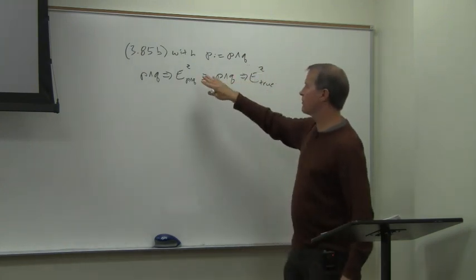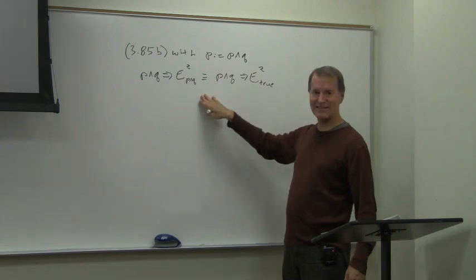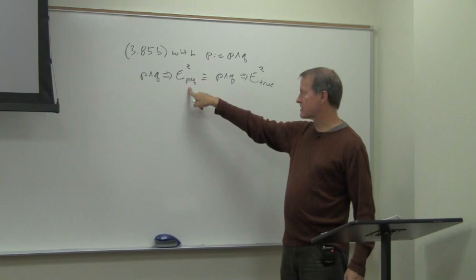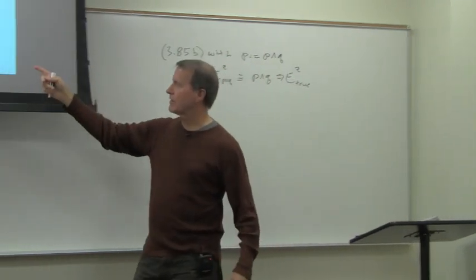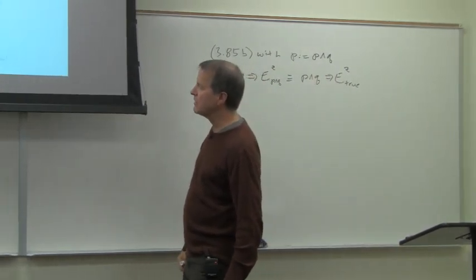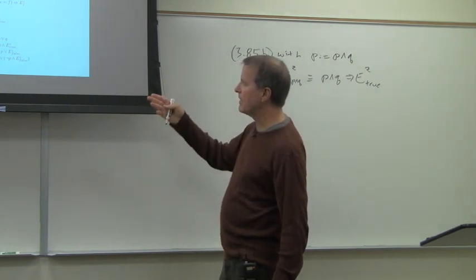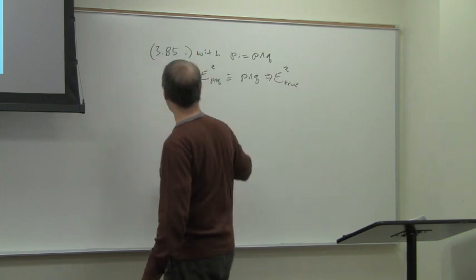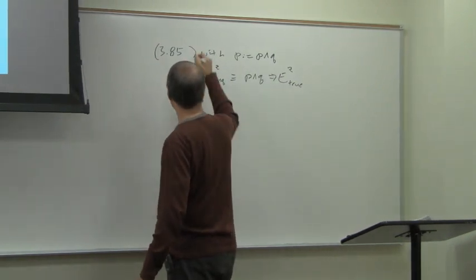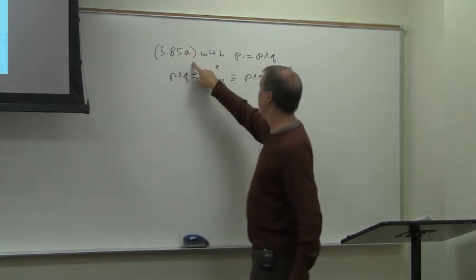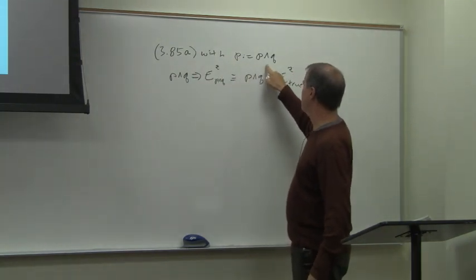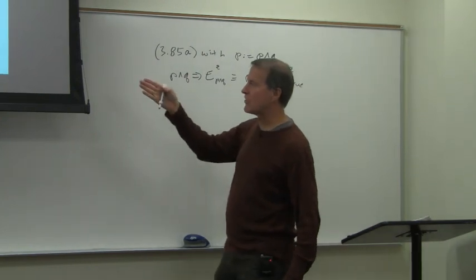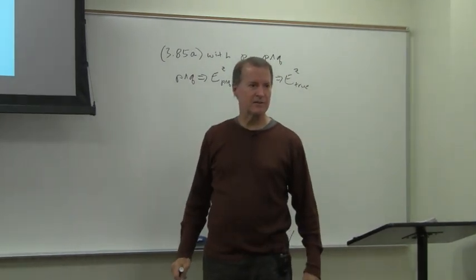What I'm saying is 3.85b with this is this. Oh, sorry, this is 3.85a. Okay, we're good. 3.85a with P replaced by P and Q is this, and I don't think this helps you to solve 3.85b.